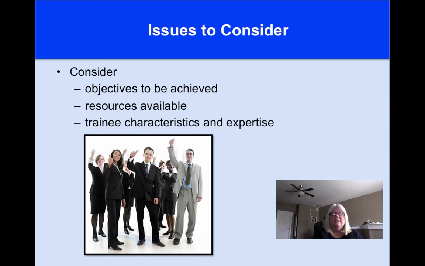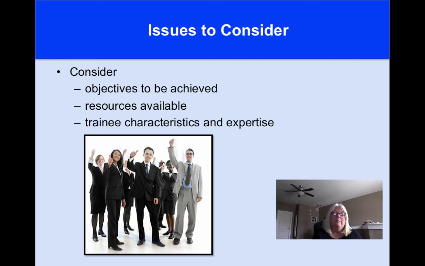Some issues to consider. We definitely need to consider our objectives. What objectives are we trying to achieve, and which one of these methods will most likely help us achieve those objectives? We also have to consider resources. Some of these methods are fairly expensive.